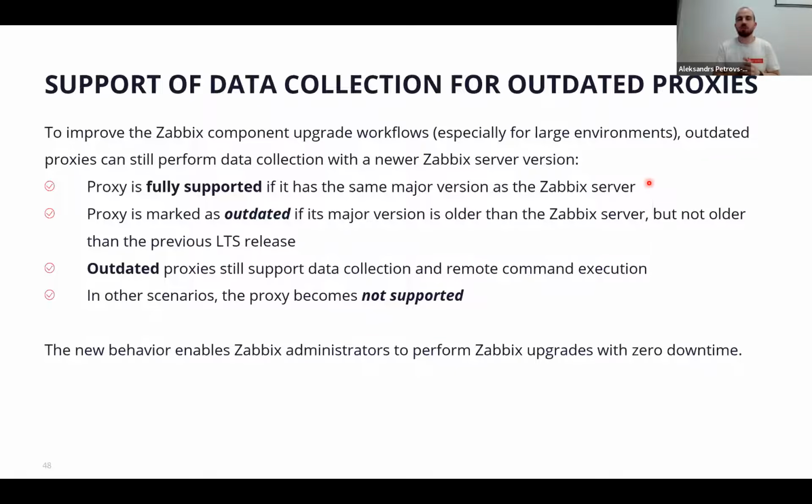But if a proxy is older than the previous LTS release, it will become unsupported. There is no official support that the data will come in. Maybe it will, but do not rely on that. It's better to rely on the officially supported behavior.